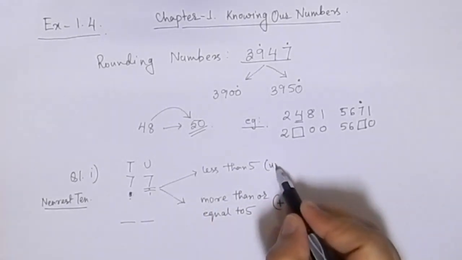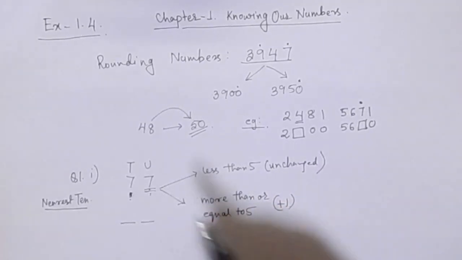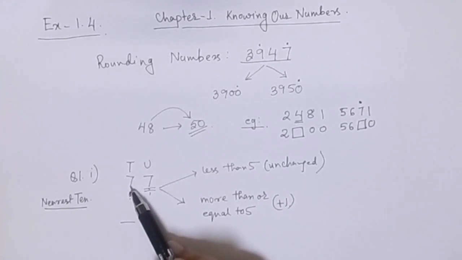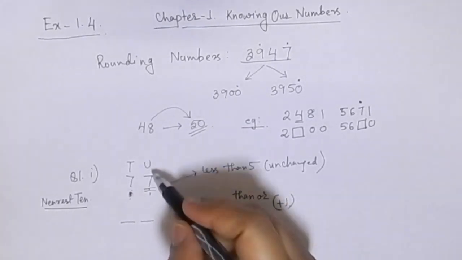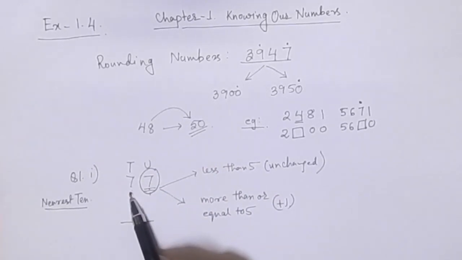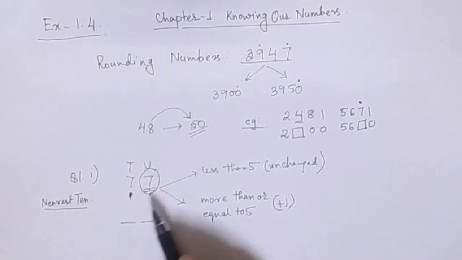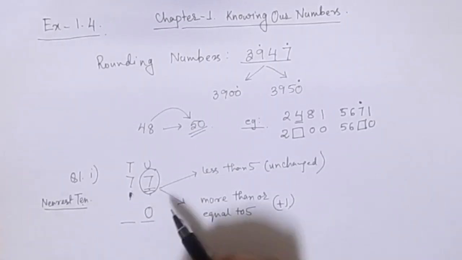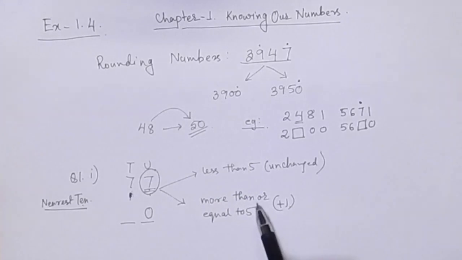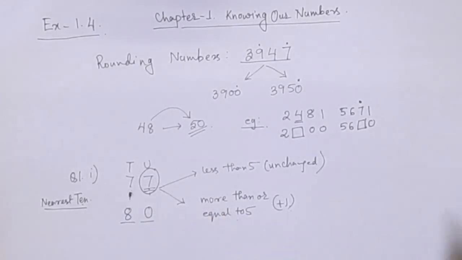So in this case the number is unchanged, but in this case this one will increase. We are seeing this position and judging, but the change will be in this number, because they have asked you to round off to this place. So this will become 0, but since it is more than or equal to 5, this will increase by 1, so it will become 80.